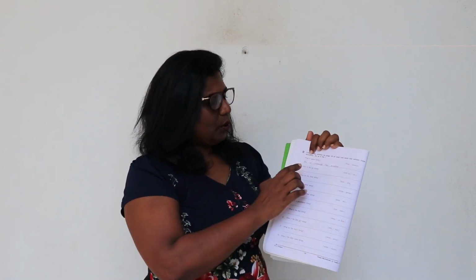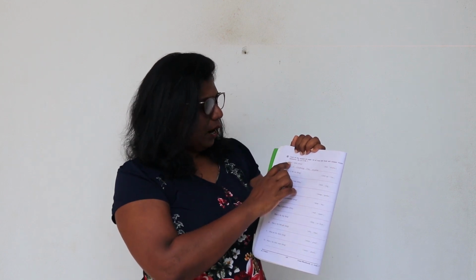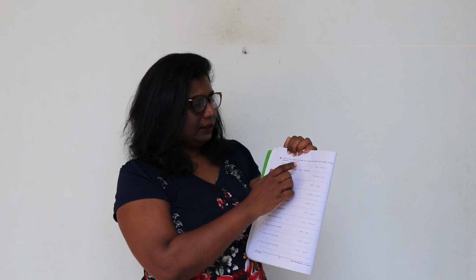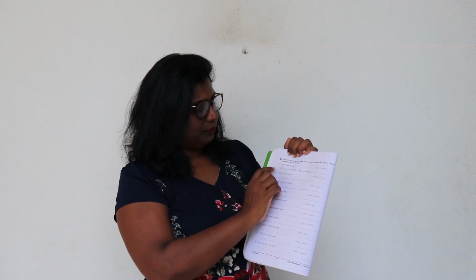Look at the picture on page 16 of your textbook and answer these questions. Do as in number 1. The first question, what is father doing? The words which are helping you are given here. Clean window. He is cleaning the window.